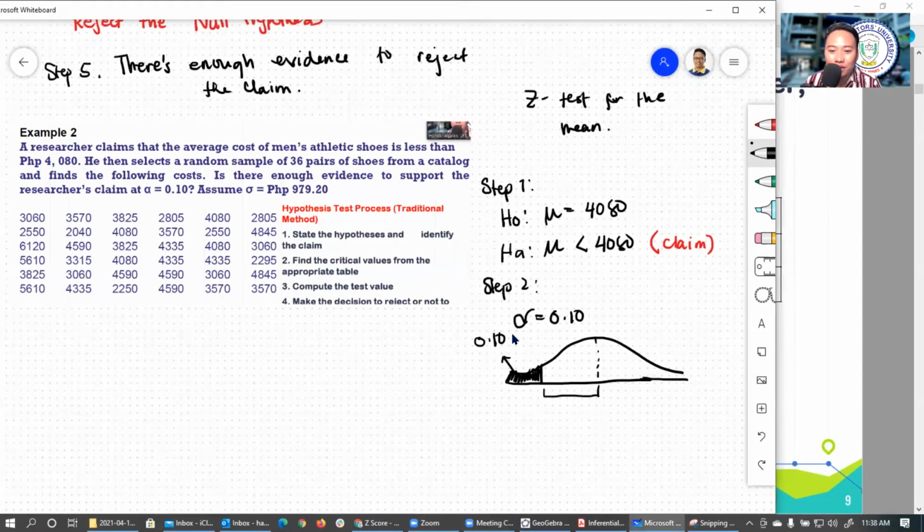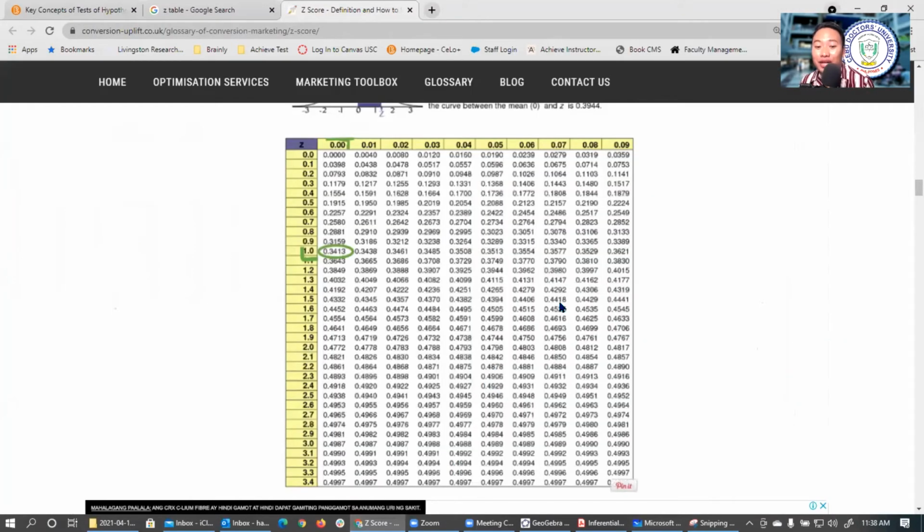Very good. So we know it's 0.4000. We will look for 0.4000 in the z-table. If we cannot find it, we need to look for the closest one.